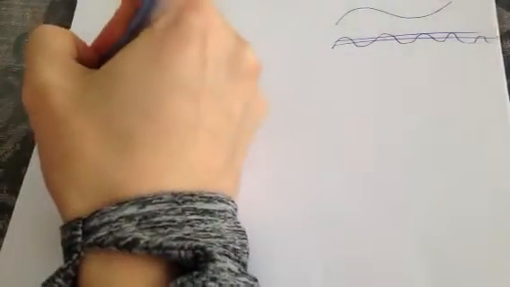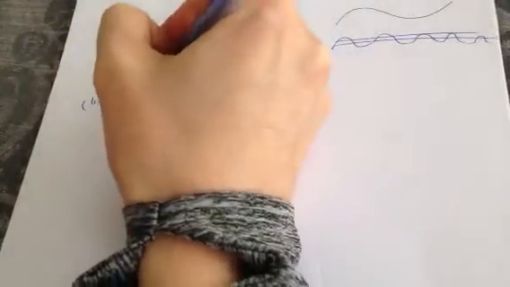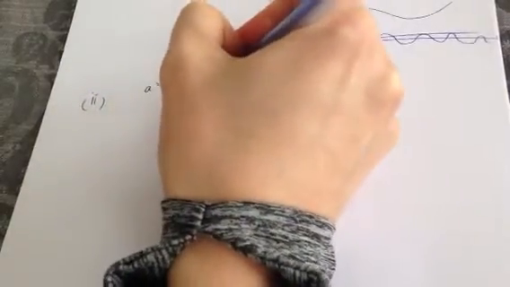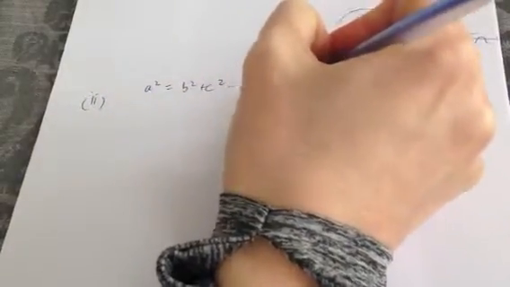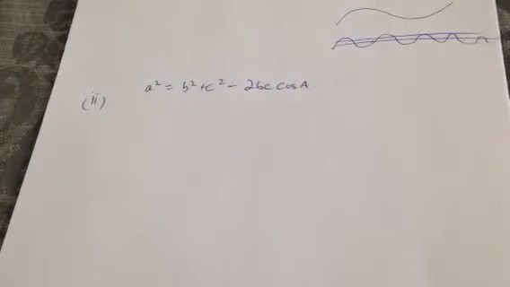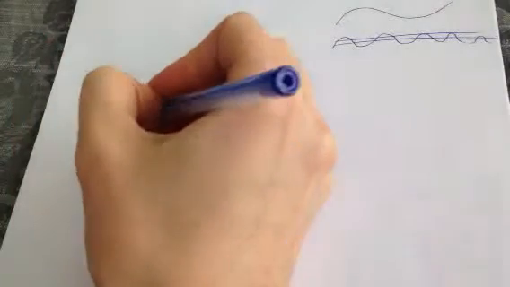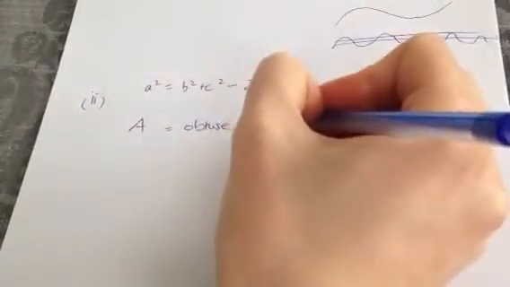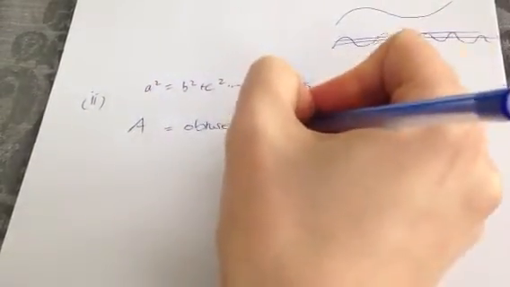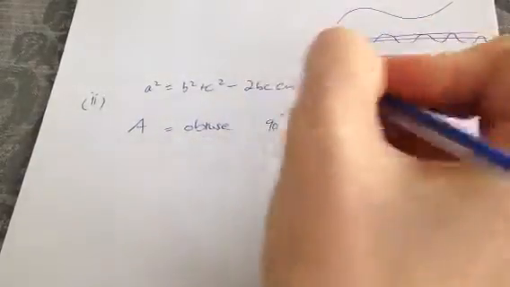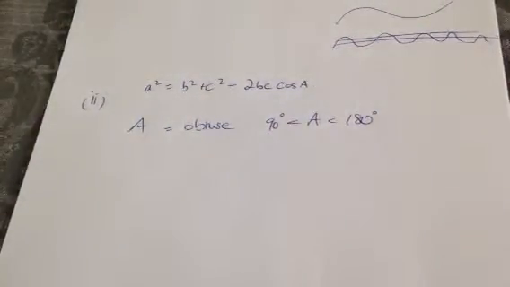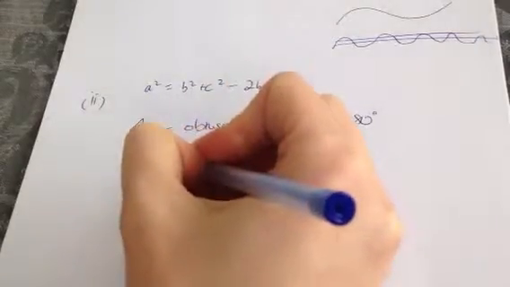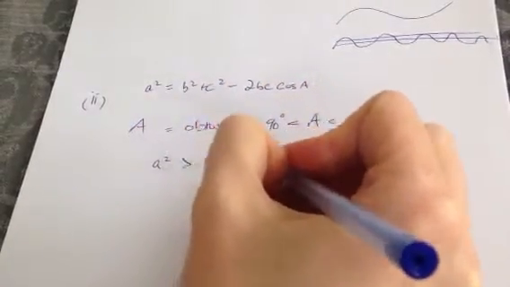Part 2 though, since I've proven that a squared is equal to b squared plus c squared minus 2bc cos a in part 1, they want me to then show that in the case that the angle is obtuse, so if a is somewhere between 90 and 180 degrees, then a squared is greater than b squared plus c squared.